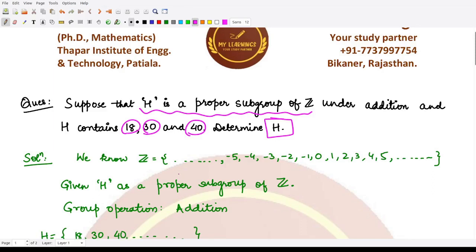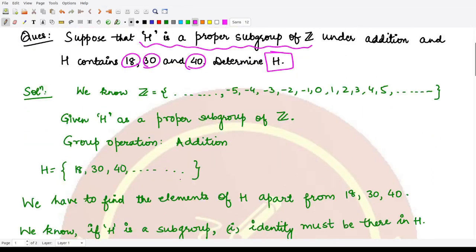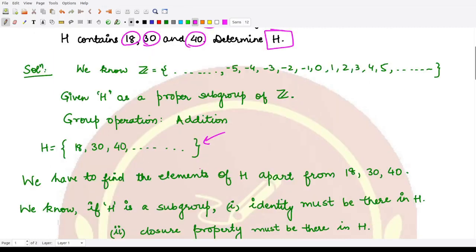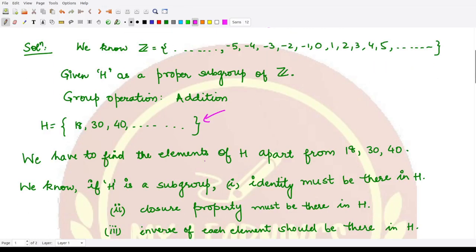For this particular question, we have our H like this. Now, for H to be a subgroup, we should have these properties with us, right? The group axioms should be satisfied by our subgroup as well.